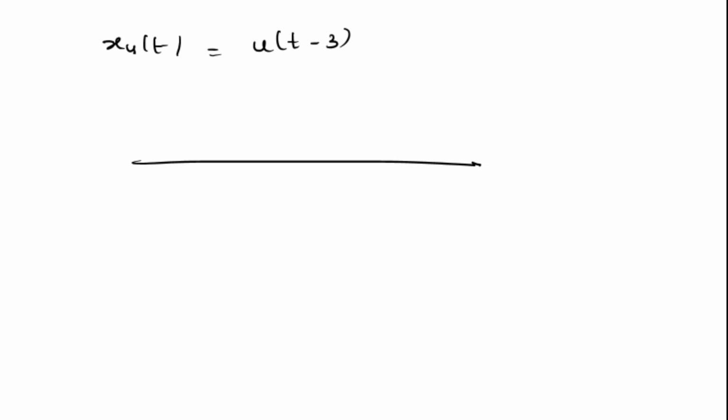And next is x4 of t is equal to u of t minus 3. T 0, 1, 2, 3, minus 1, minus 2, minus 3. T minus 3, that means it will start from plus 3.